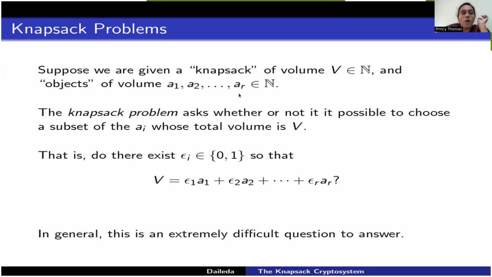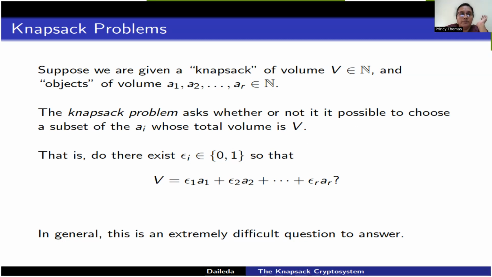Now the knapsack problem is whether or not it is possible to choose a subset. So there are some objects, and what we want is to select objects from this particular set in such a way that we can fill the knapsack. If the total volume is V, we want to fill those items which will actually give me V. So I want to fill the bag to the maximum.